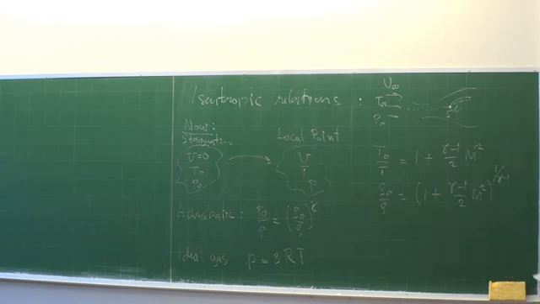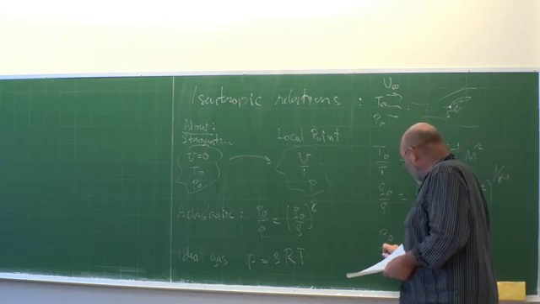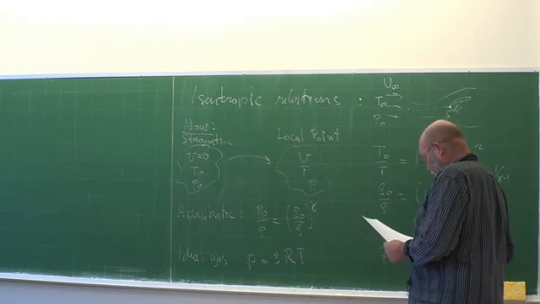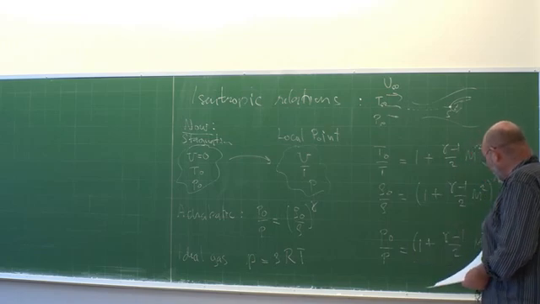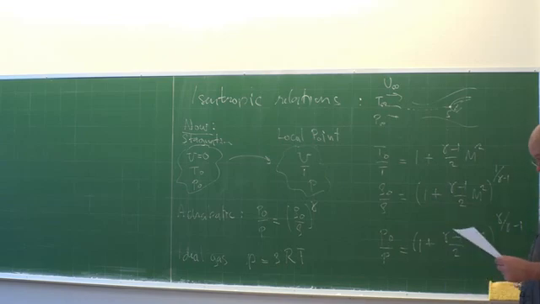And then finally the pressure. P0 over P equals 1 plus the same gamma minus 1 over 2 Mach squared, and this one is raised to the power of gamma divided by gamma minus 1. So there you have the simple isentropic relations.